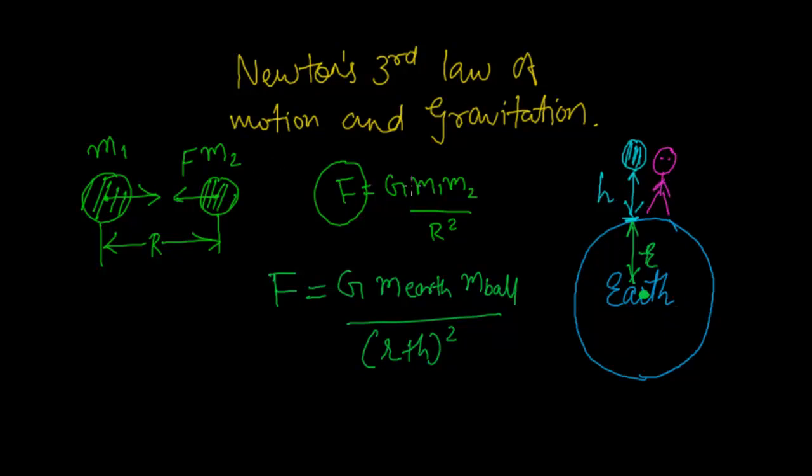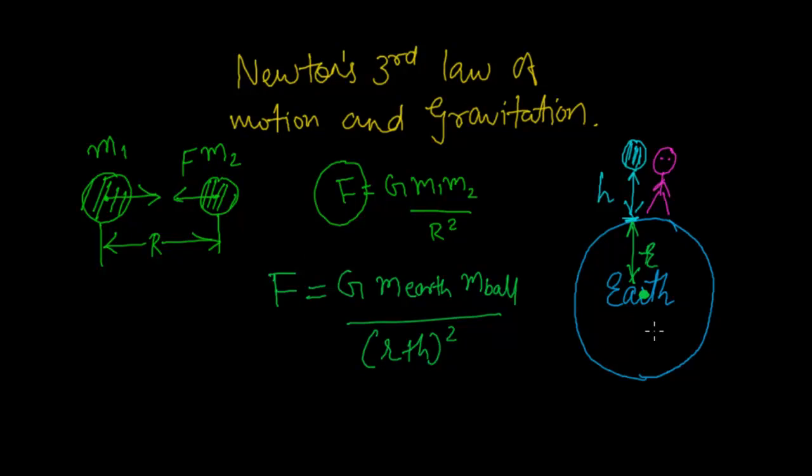But the same force this ball should also exert on the Earth. What I mean to say is, just like Earth attracts a ball, the ball should also attract the Earth. As we discussed, mass m1 attracts mass m2, and mass m2 attracts mass m1.